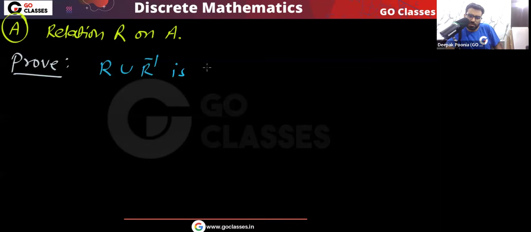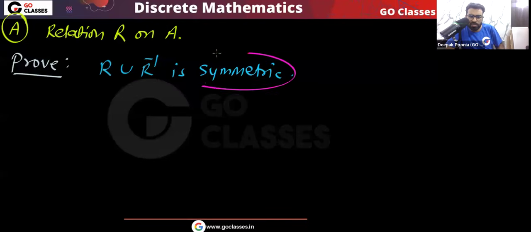Prove that R union R inverse will be symmetric. So if you have a relation R on A, what you need to do is prove that R union R inverse is symmetric. This is what we need to prove. It's very easy to prove.